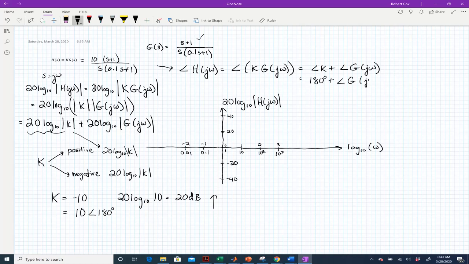So a negative sign doesn't have any effect on the magnitude, because I'm always taking the magnitude, which gets rid of the negative sign. But if I do have that negative sign, it matters for the angle equation. That's an important result that you'll want to make use of.